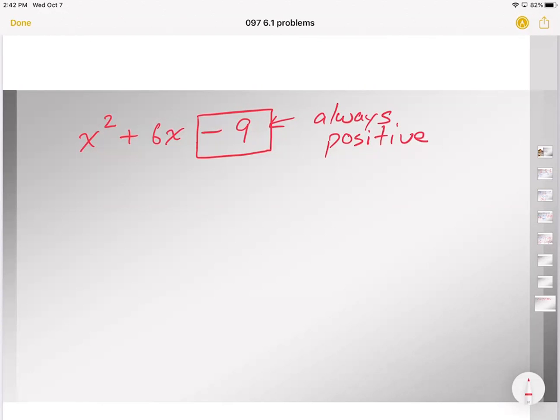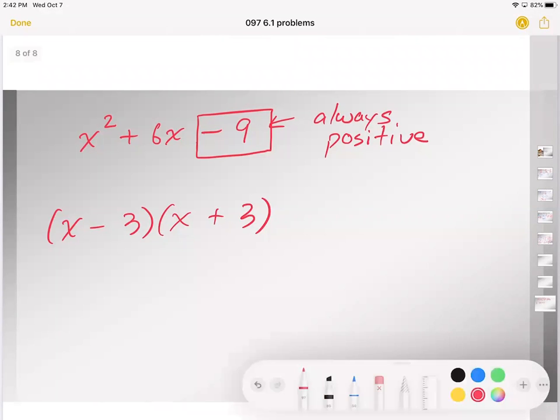Okay, remember, if they give you this thing here and they ask you to factor, is there two numbers multiplied to give you 9 and subtract to give you 6x, right? You would say, well, Mr. Tran, is it x minus 3, x plus 3, right? How do I get -9? Do you agree that to get -9, I have to have one of them positive, one of them negative, right?